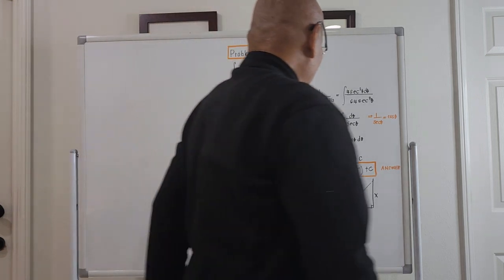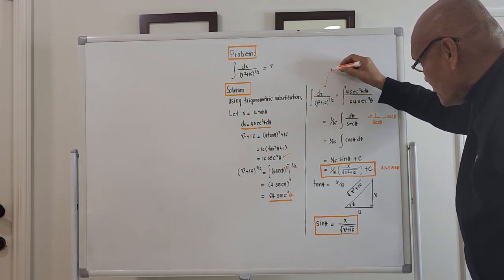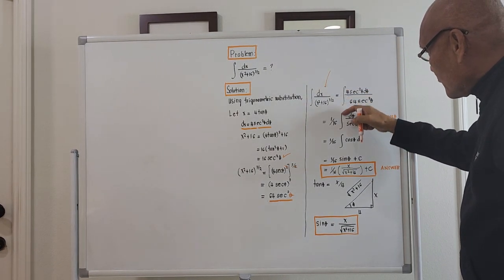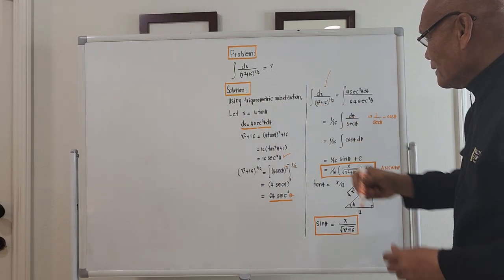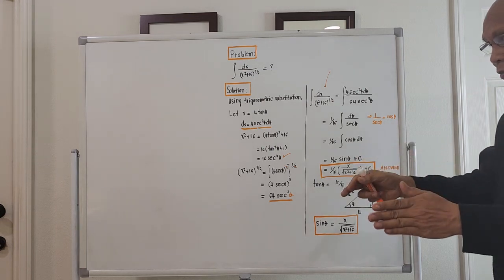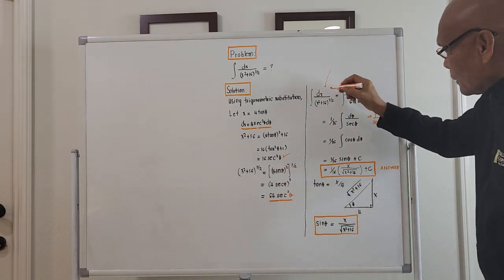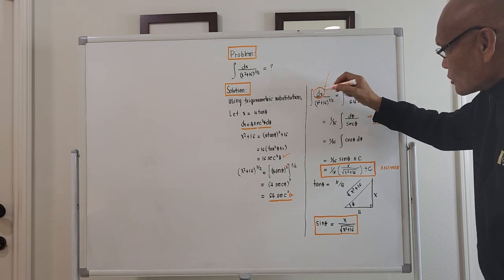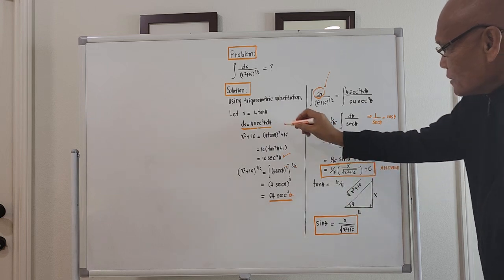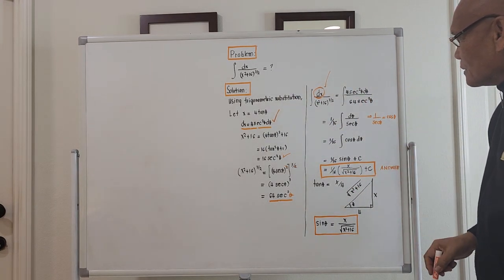I will rewrite the original integral and make the substitution. That's why the solution is trigonometric substitution. I bring out the equivalent of dx in terms of a trigonometric function, that is 4 secant square of theta differential theta.